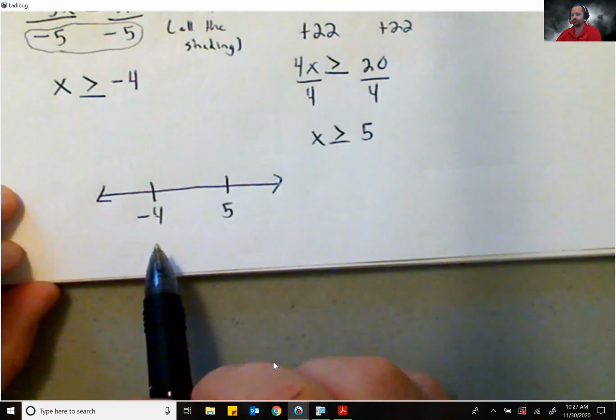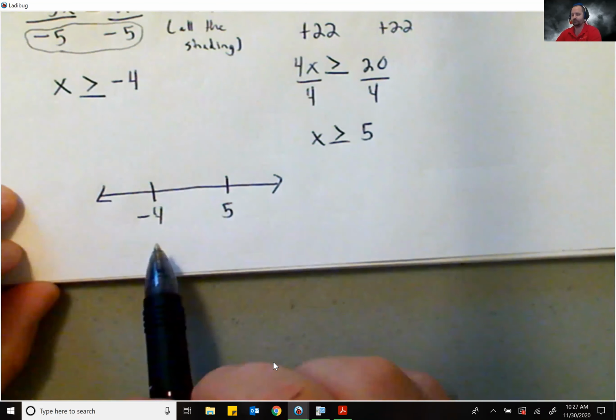To the right. Follow that arrow. So that's what x greater than or equal to -4 looks like. Bracket or parenthesis at 5, because we're looking at x greater than or equal to 5? Bracket. Shade to the right or to the left? To the right.